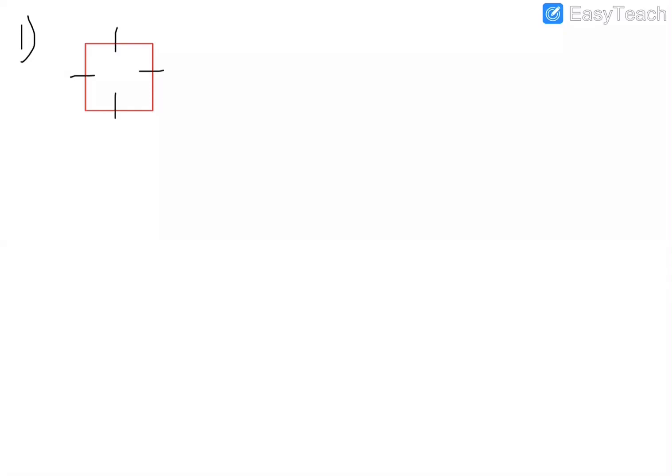You can tell by this shape, even though I don't have the little corner boxes on it, you could tell that this is a square. It has 4 right angles and it has 4 congruent sides. So this is a square. Okay?